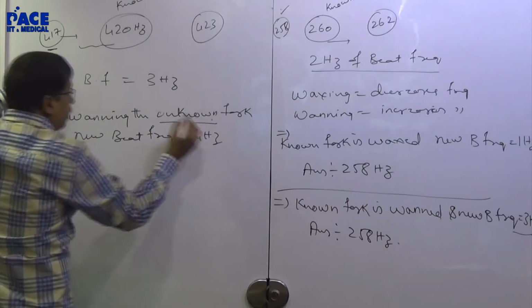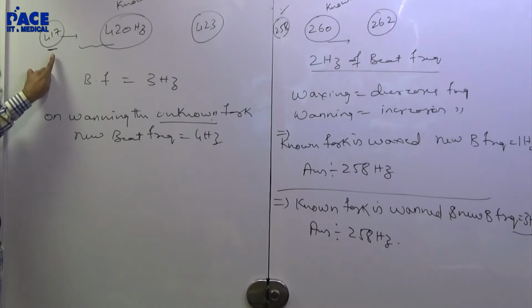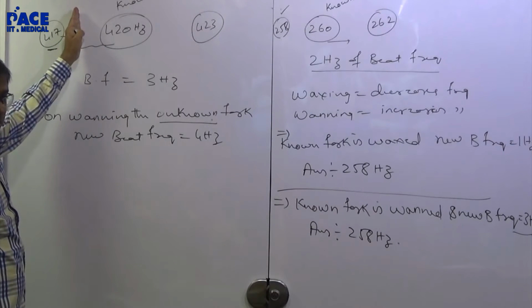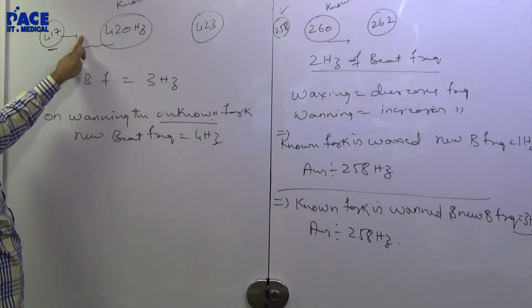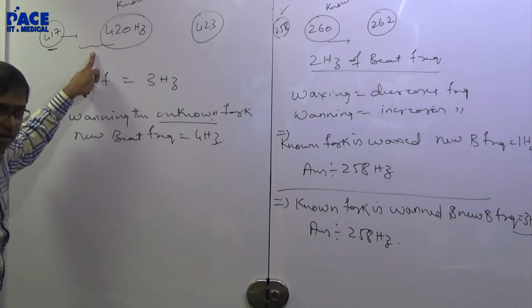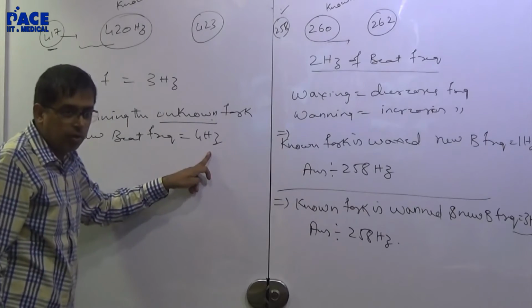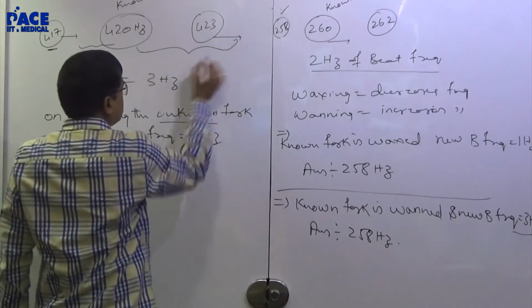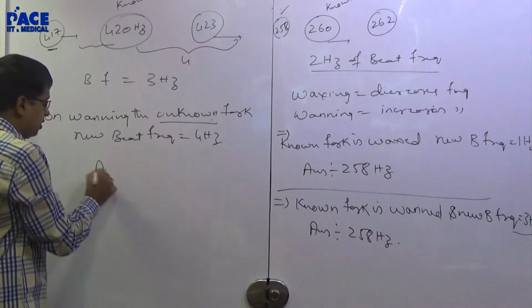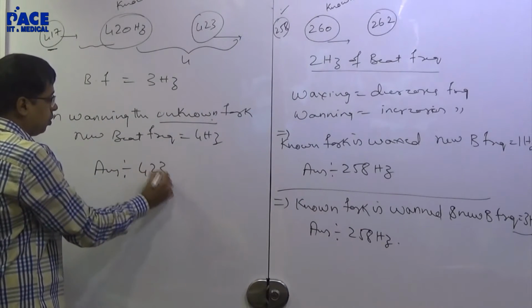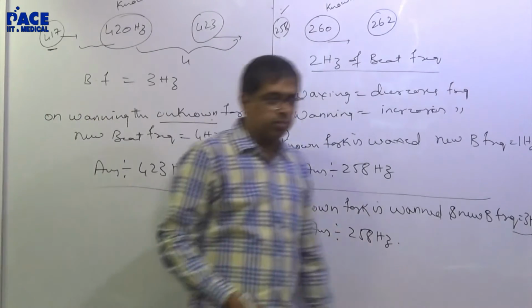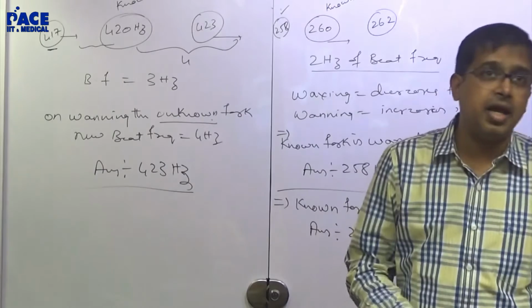If this was my answer, when this frequency increases, my answer will be 420 minus this, which should be lesser than 3. But you are giving me 4. That means on waning, this frequency increases and this difference can be 4. Hence my answer is 423 hertz. This is the frequency of the unknown tuning fork. Is it clear?